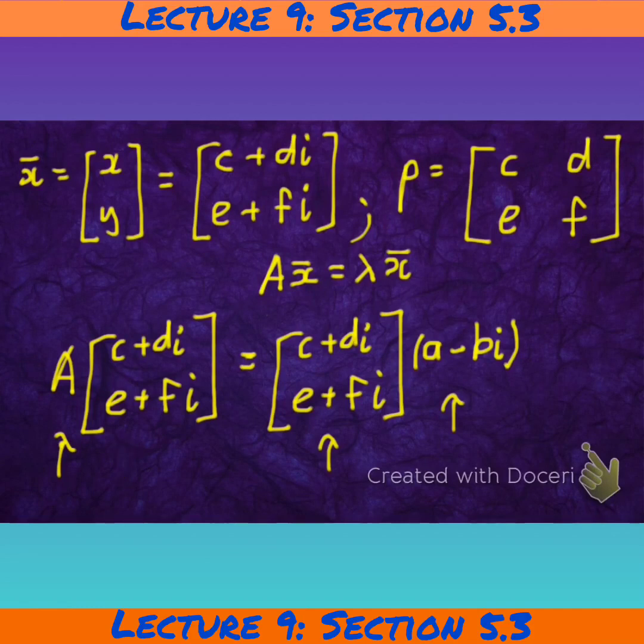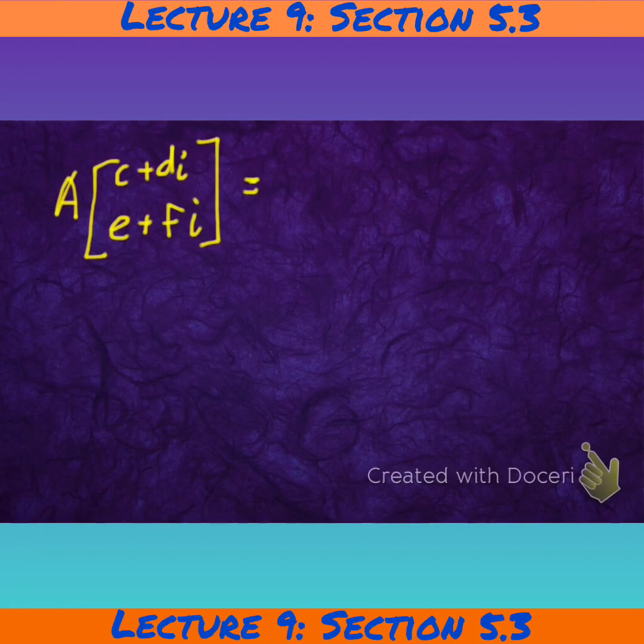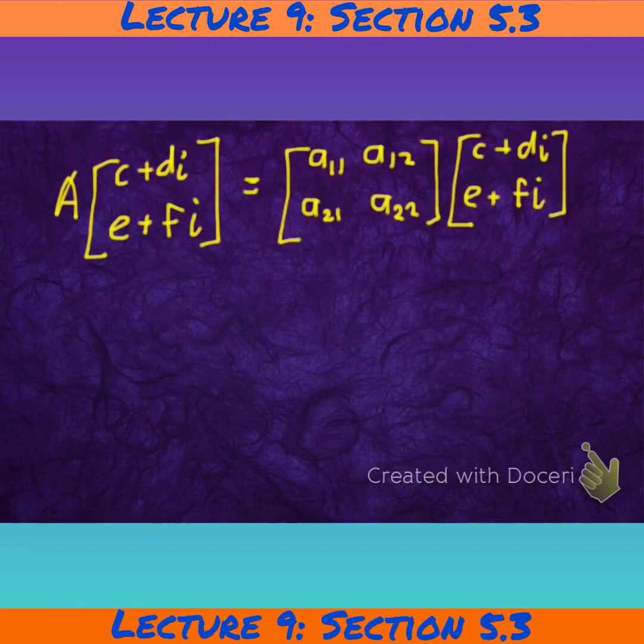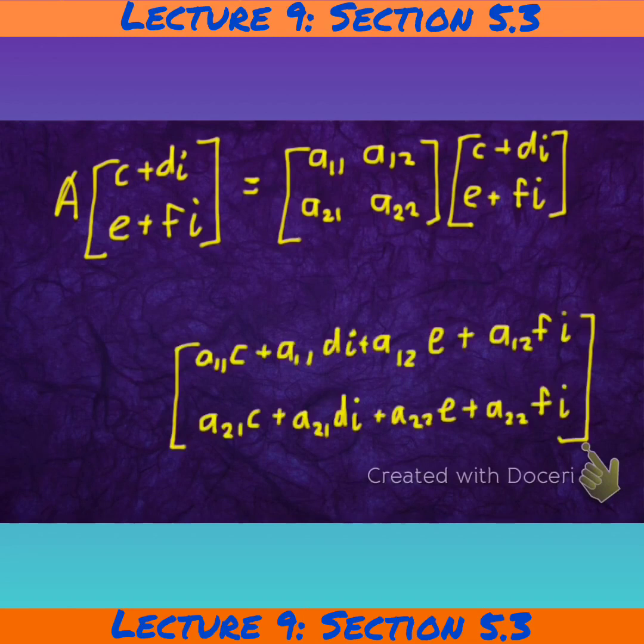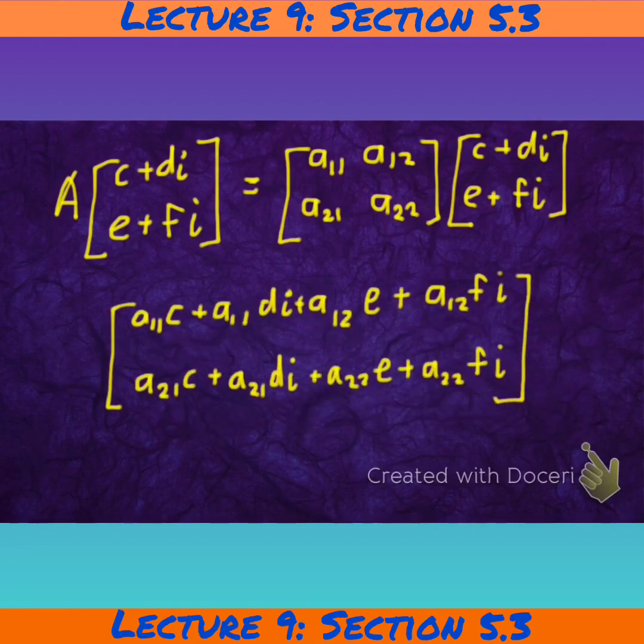Now I just want to observe the following. Let's just go and look at that term on its own, and go and multiply that out quickly. So we get that, and then multiplying it out quickly, you get that there.